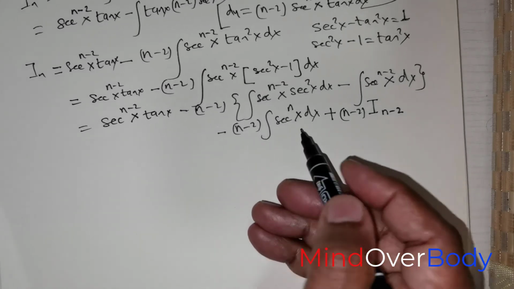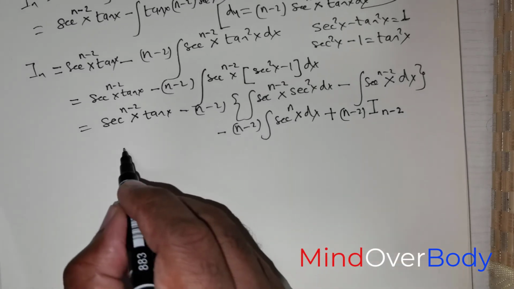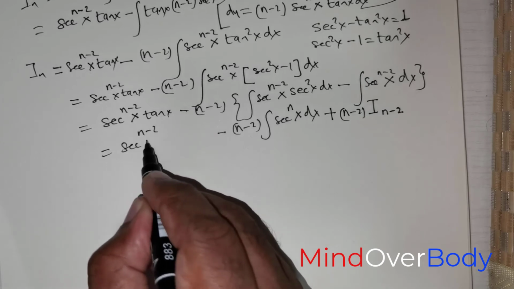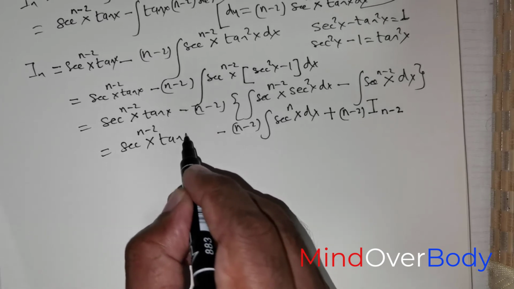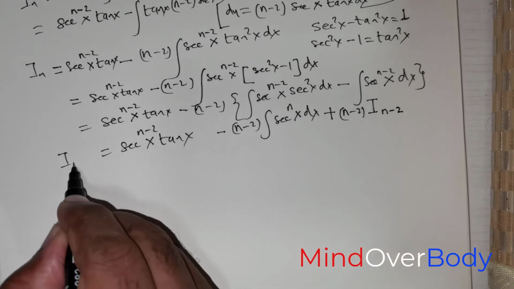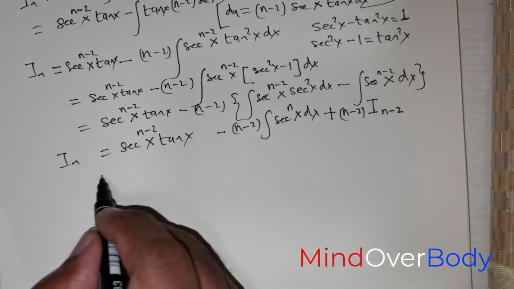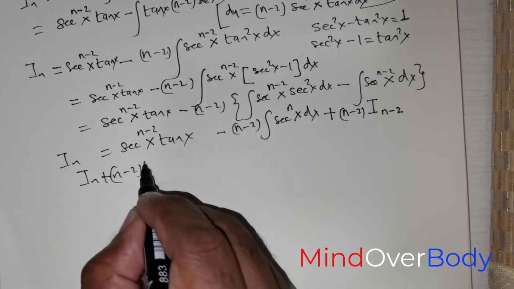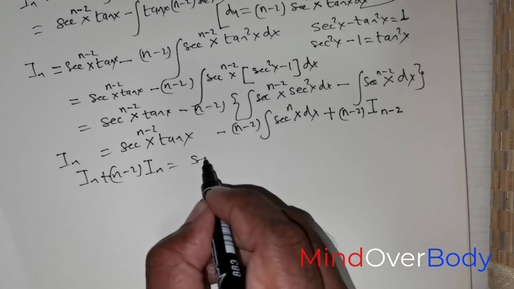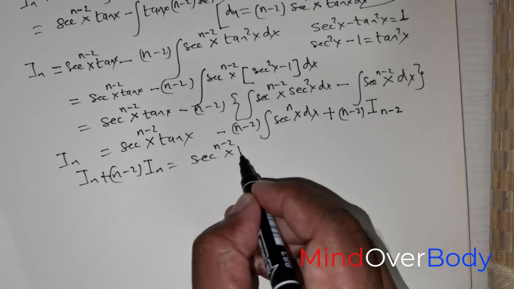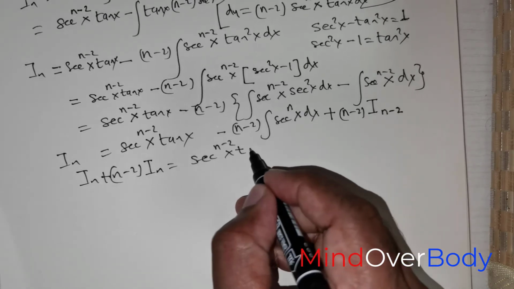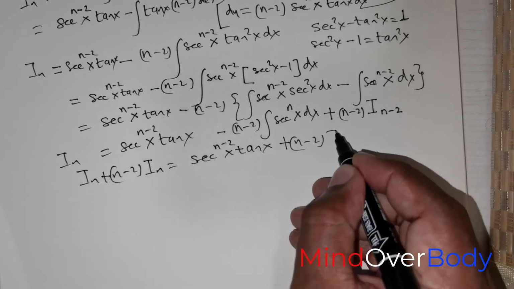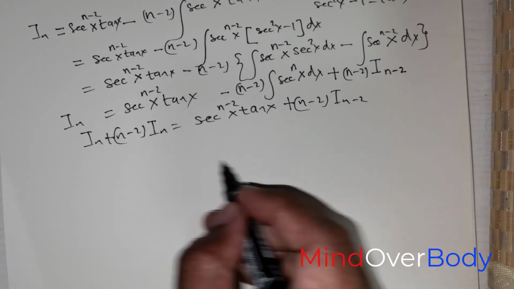Now this is I_n, right? So let me write this term also. So secant raised to the power of n minus 2 x times tan x, and then you get I_n. So if I bring this to this side, this is going to be I_n plus n minus 2 times I_n is equal to secant raised to the power of n minus 2 x times tan x plus n minus 2 times I_{n-2}.